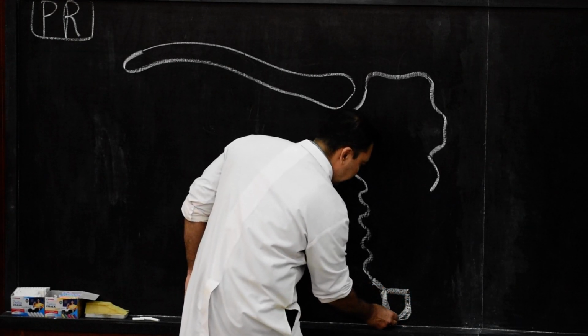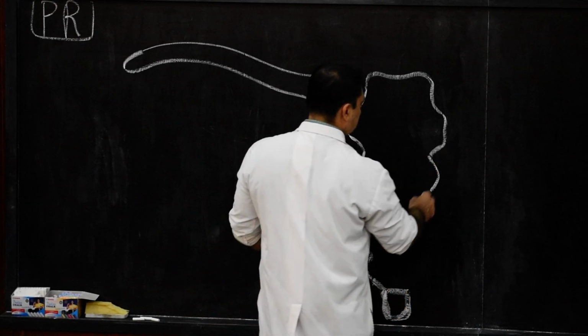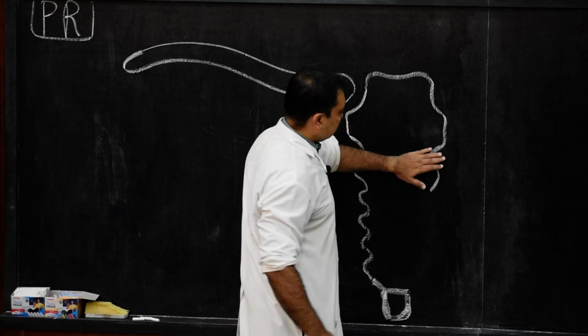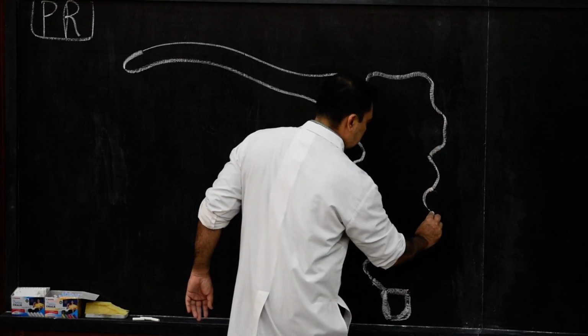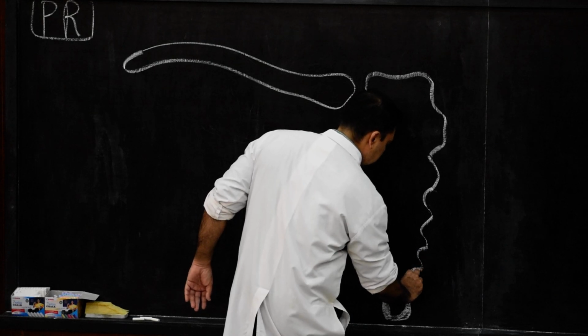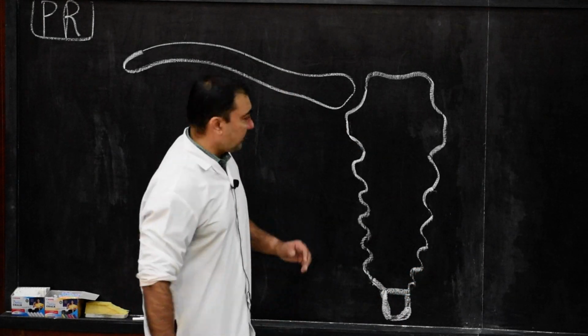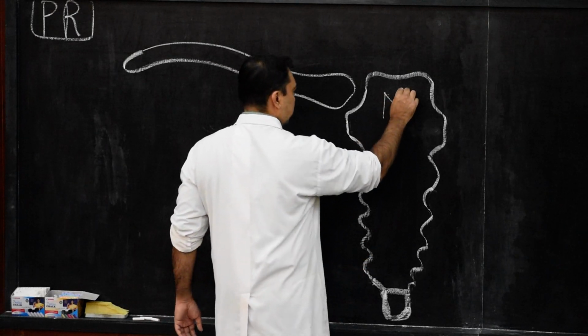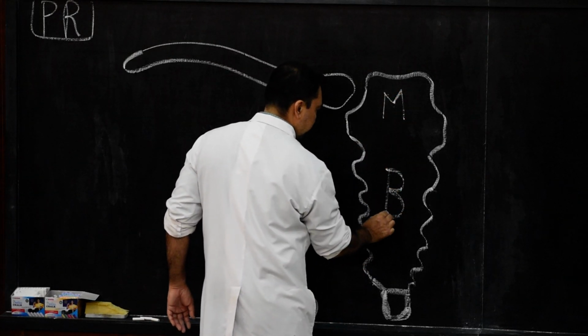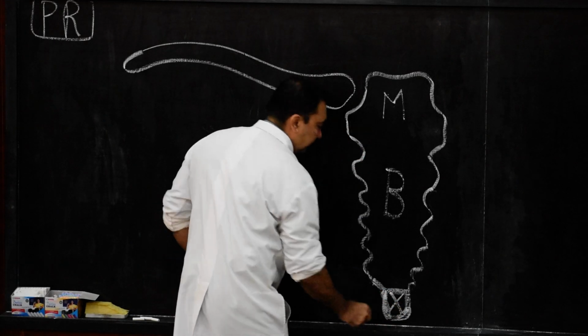So this portion will include xiphisternum. Similarly, the notches, this will be first, second, then third, fourth, fifth, sixth and seventh. So in this way complete the manubrium, body of sternum and xiphisternum.